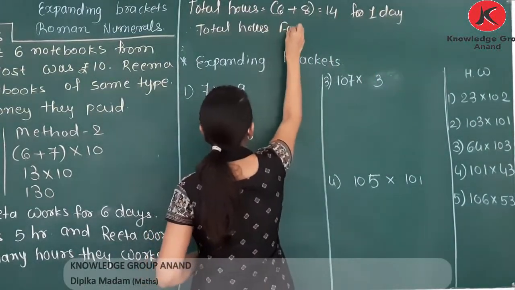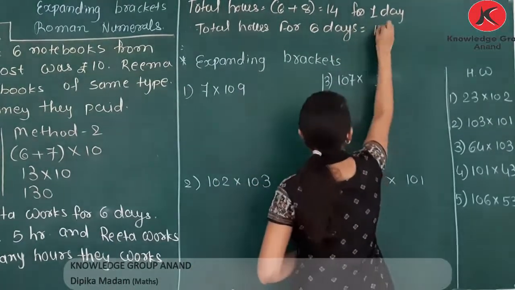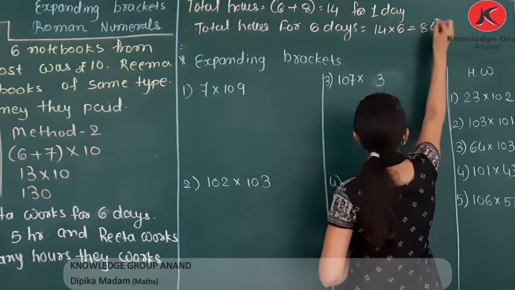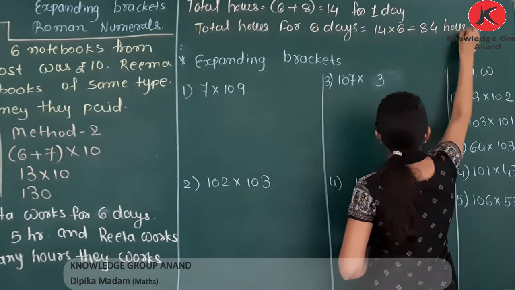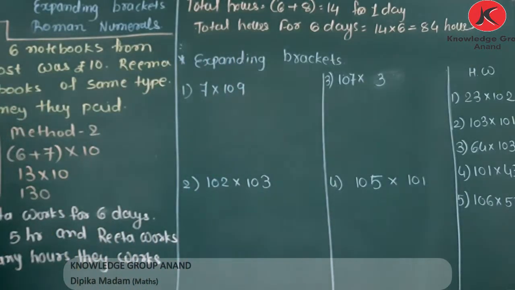Total hours for 6 days will be 13 into 6, 78 hours. Clear? This is the method of using brackets.